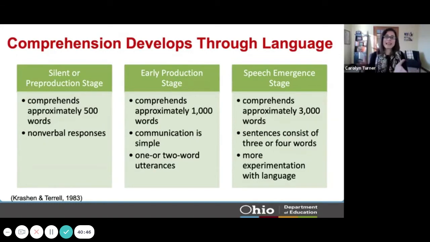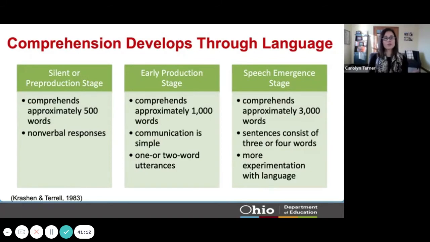So we have these stages that our learners are going through, and I think it's interesting because we're also going to share with you another model next week that talks about phases. And what's interesting is that for these phases or stages, we don't have particular ages or grade levels on them, because it's really about where a learner is in their acquisition of language.